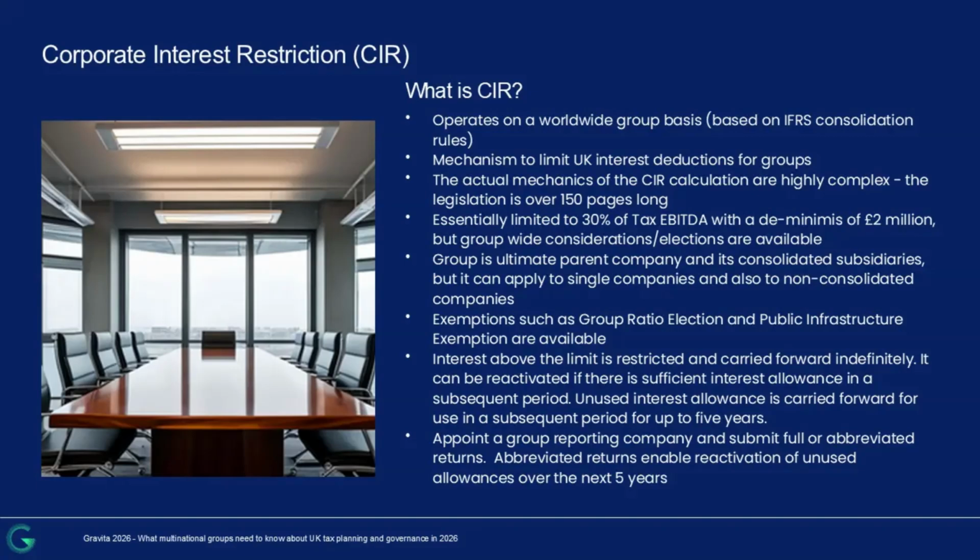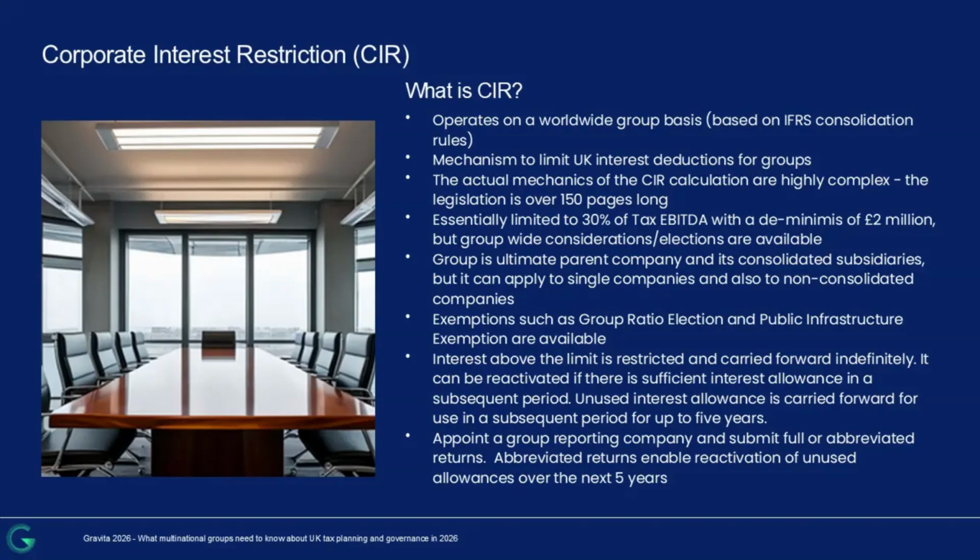So those rules are in place because businesses have peaks and troughs of their interest expense, so that if you fundamentally have a high level of expense in 1 year, but a low level the next year, then you can smooth it out.